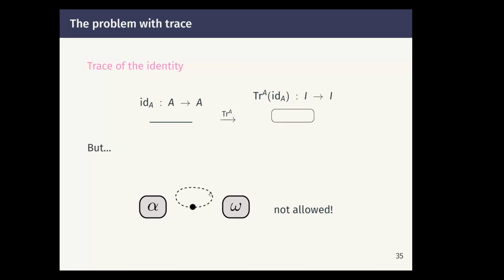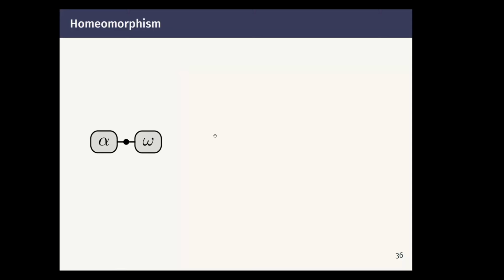And the reason that this arises is because, almost as we're a victim of our own success here, we've absorbed identity morphisms into these wires, these no edges, which is great for the most part, but in this case we need them back. So for this reason, we're going to introduce this concept called homeomorphism, which was used back in Kissinger's string graphs, and we're making it have a comeback now.